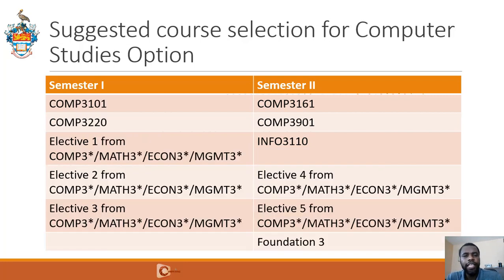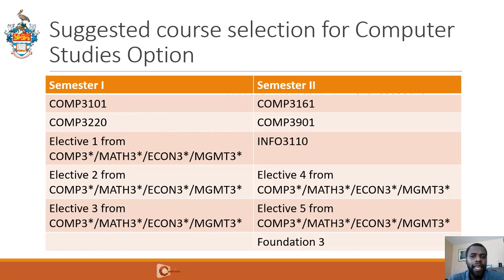If your major is the computer studies option, then you take Comp 3101 in the first semester, Comp 3220, and some 3 electives chosen from either a level 3 comp math, econ, or management course.